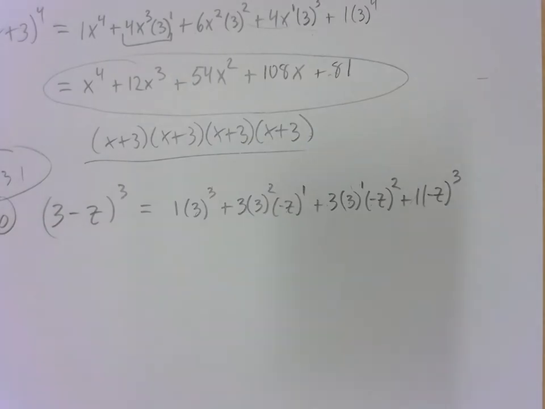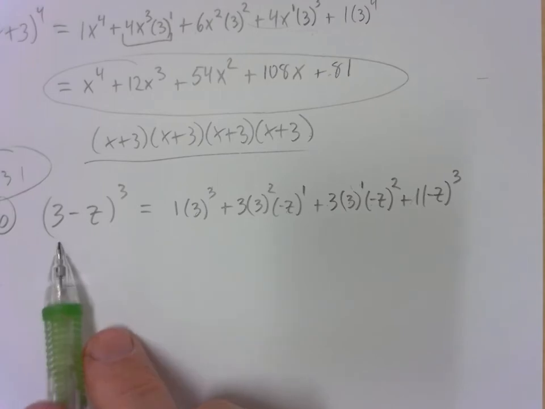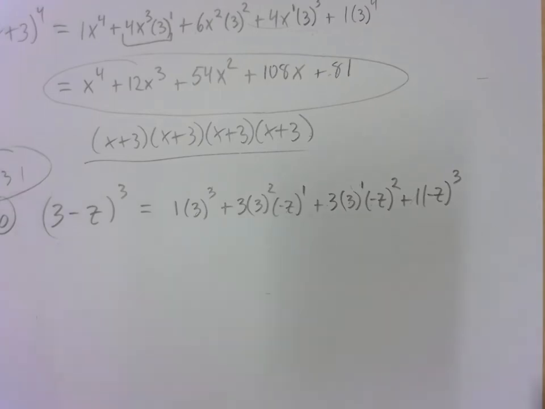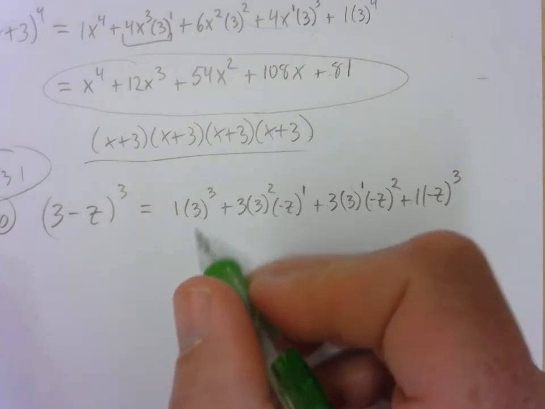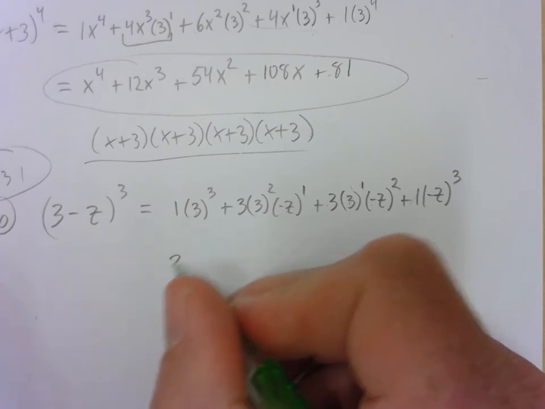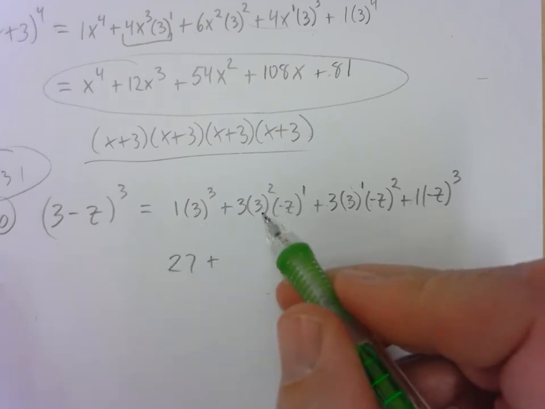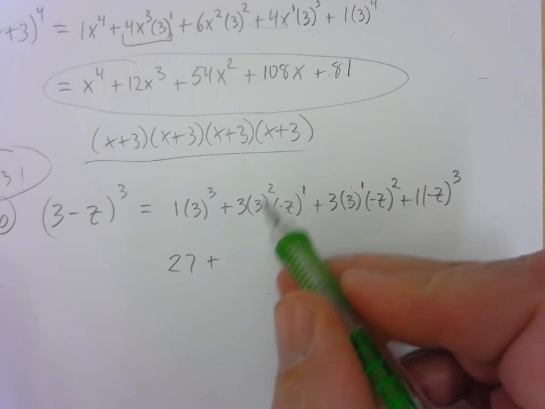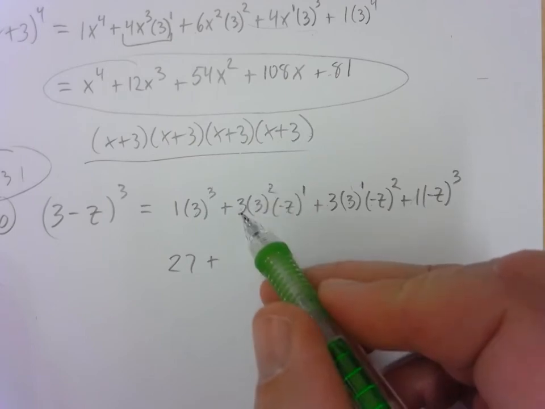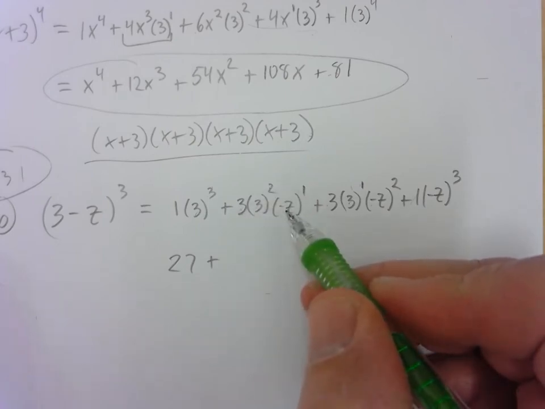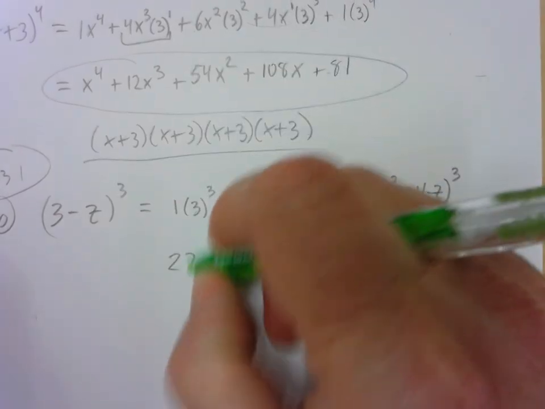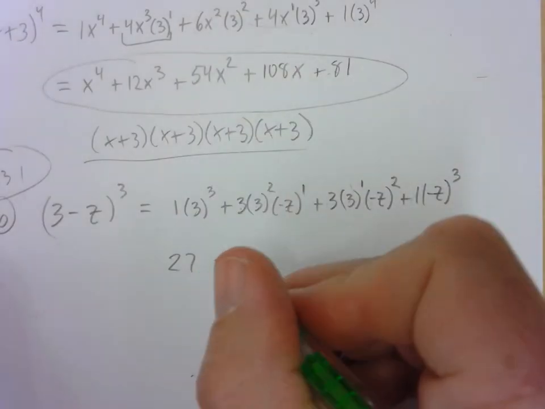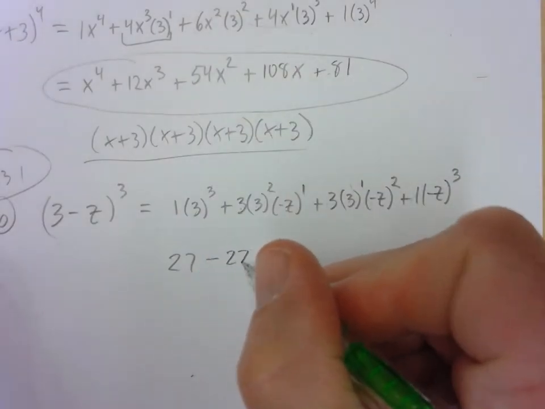Now we're going to simplify this following the order of operations. And again, this is factored form; I'm expanding it out into standard form. 3 to the third power would be 27 times 1 is 27, plus 9 times 3, which would be another 27, with a negative z, so it'd be negative 27z. So I'm going to erase the plus there and make it negative 27z.